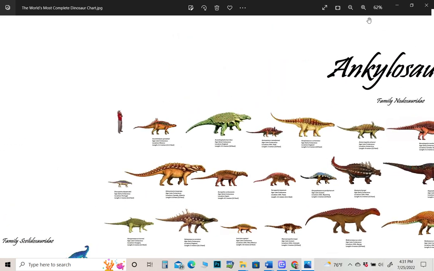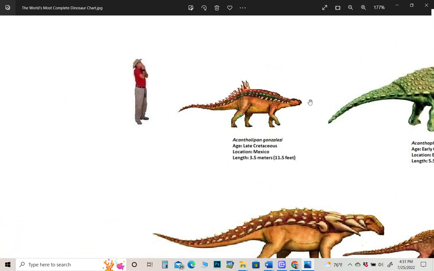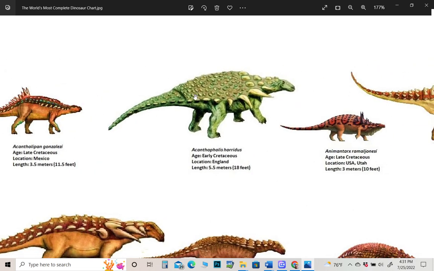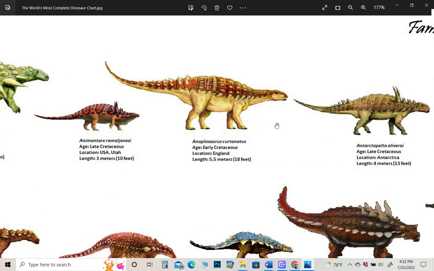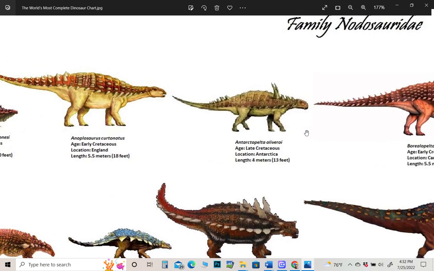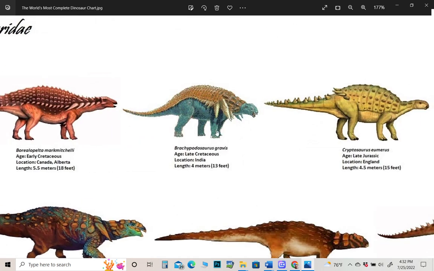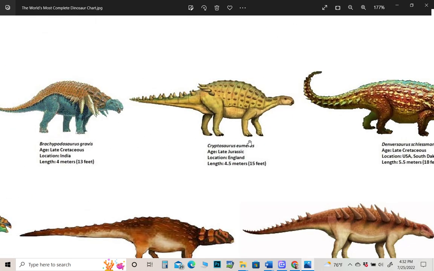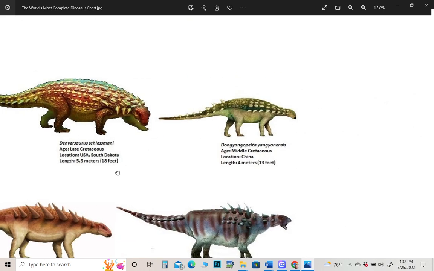And then we have the Nodosaurs. Acantholepis, Acanthopholis, Animantarx, Anoplosaurus, Antarctopelta. That's one of the Antarctic dinosaurs, by the way. Borealopelta, Brachypodosaurus, Cryptosaurus, Denversaurus, Dongyangopelta.